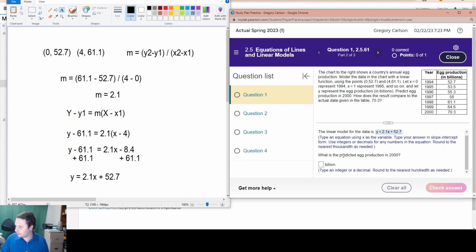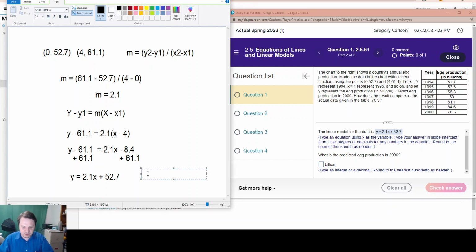Now it says, what is the predicted egg production in 2000? That means use the equation to find out the answer for 2000. So 0 is 1994, 1995, 96, 97, 98, 99, 2000. So the number we're plugging in for x is 6 because 2000 is x equals 6 based on how they've listed the data.